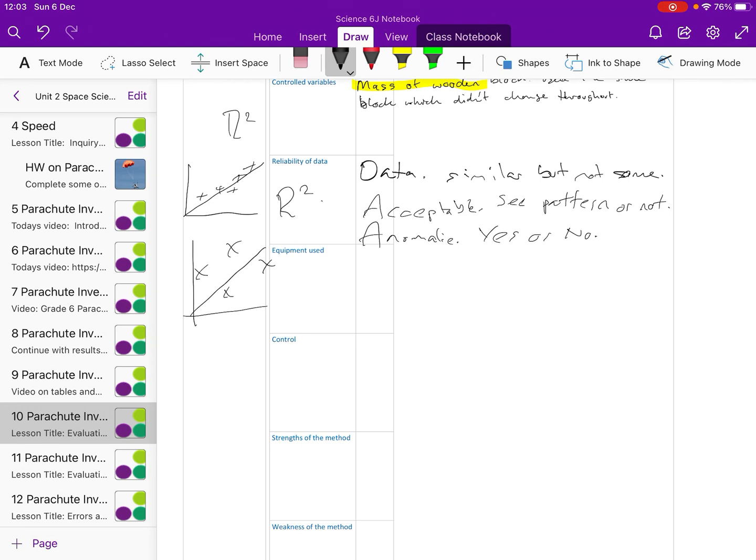The best R squared is 1.0. The worst is 0.0. 0.5 is good or fine. Anything above 0.9 is good or very good. Yeah? You might have got a 0.98. That's excellent. Yeah? That shows that the data is very reliable.